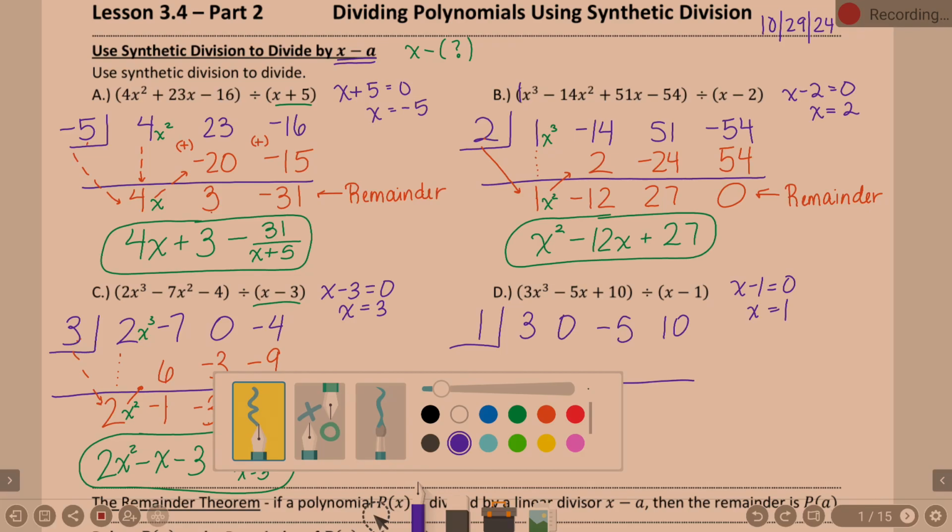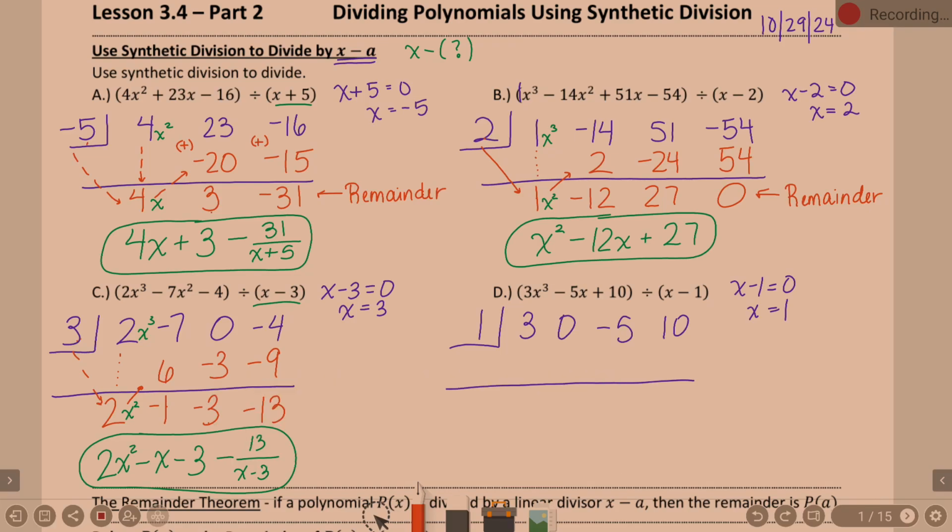What's your first step? Drop the 3, and then we're going to multiply. 1 times 3 is 3. Bounce it up under the 0. Then we're going to add. 0 plus 3 is 3.